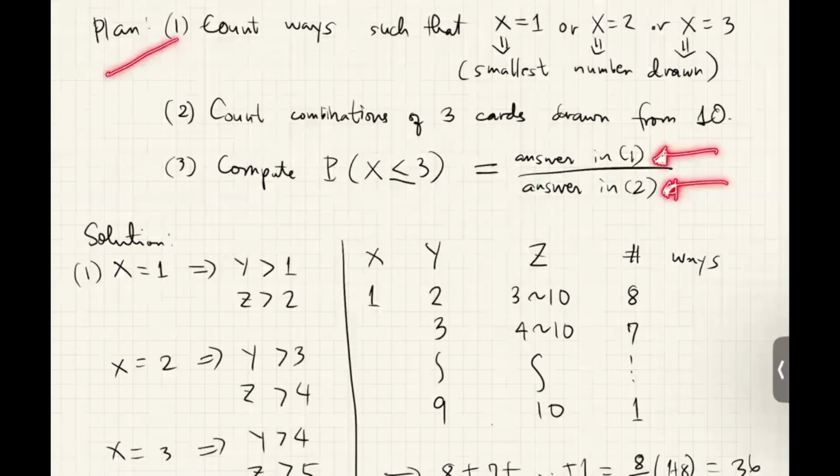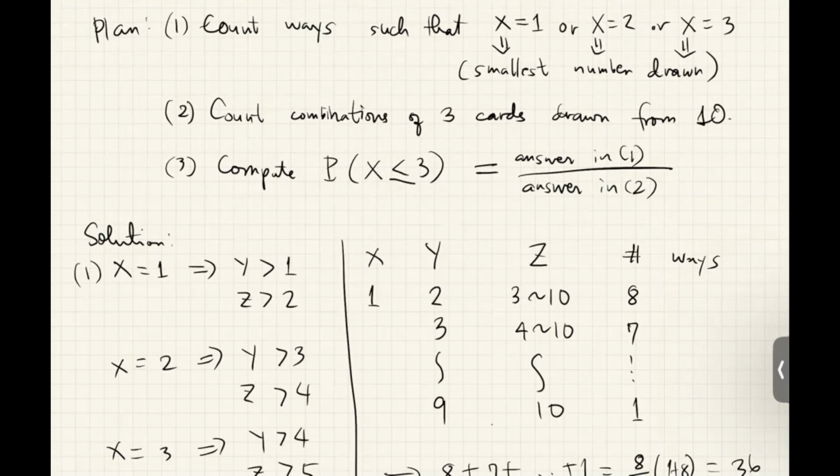The event we're interested in is that the smallest of the 3 cards is a 3, 2, or a 1, so that's going to come in the numerator. What will be in the denominator is the total number of all possibilities when we pick out 3 cards out of a deck of 10.